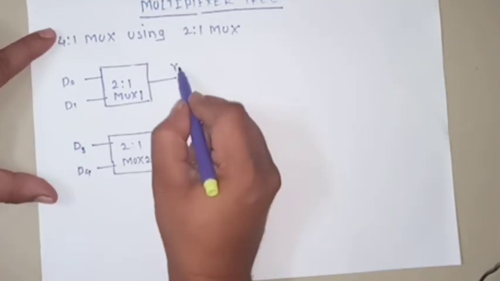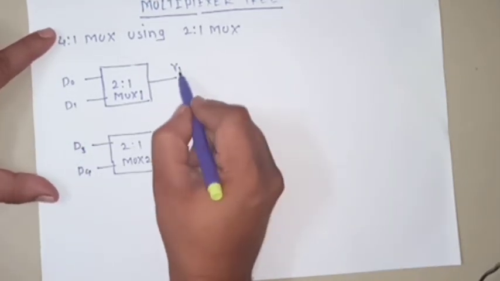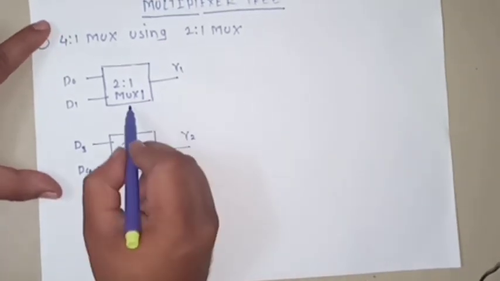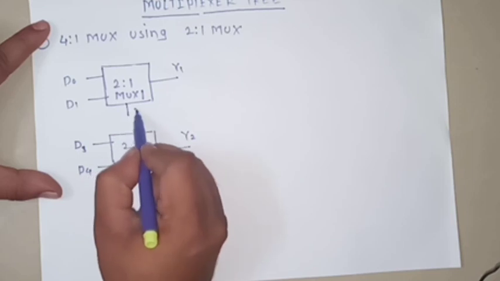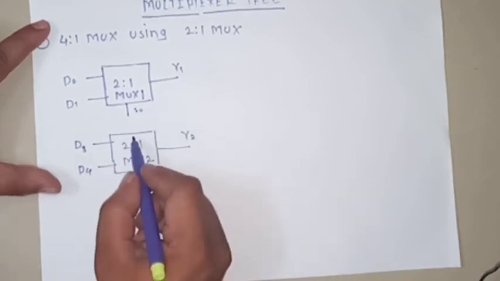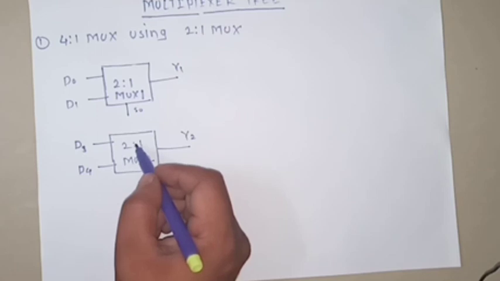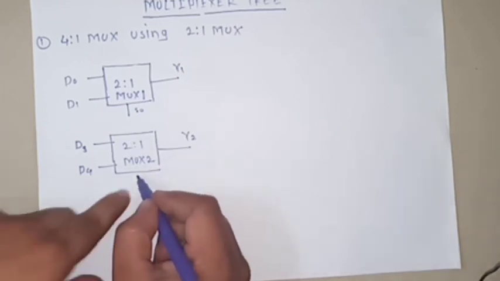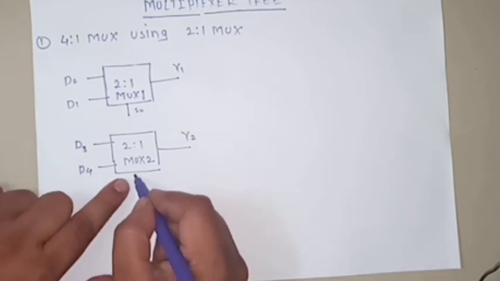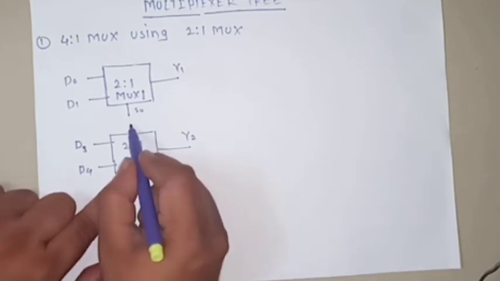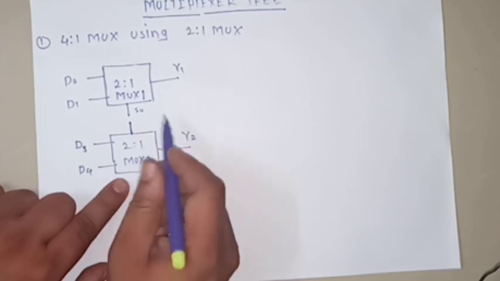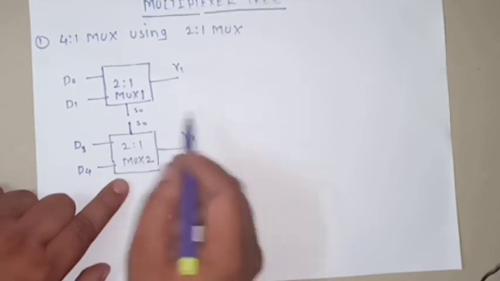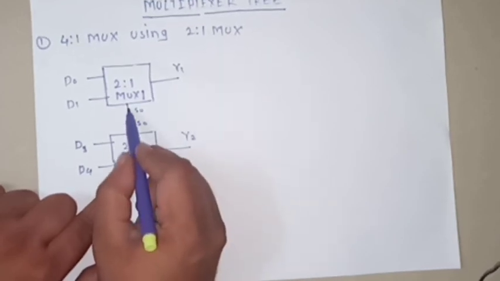Let us consider the output of the first mux as Y1 and the output of the second mux as Y2. This mux has one select line, S0, and this mux also has a select line S0. I will show the select line of this mux also on this side, also S0, and connect these two select lines to each other.